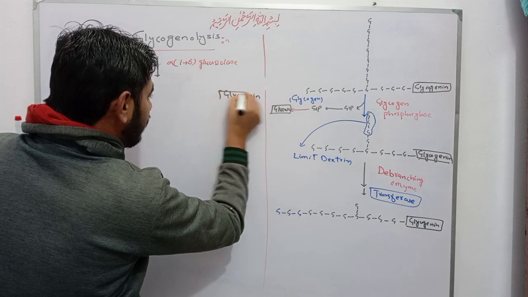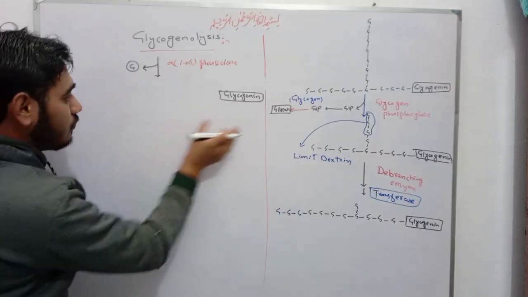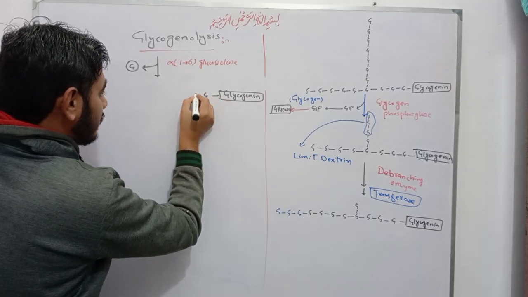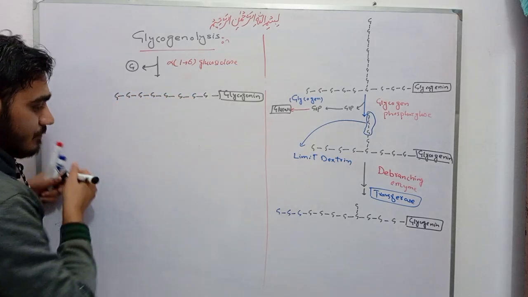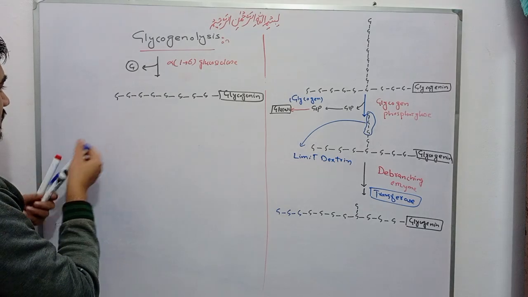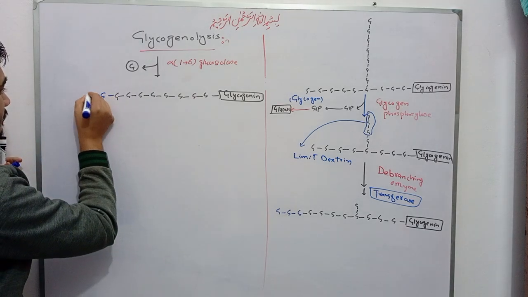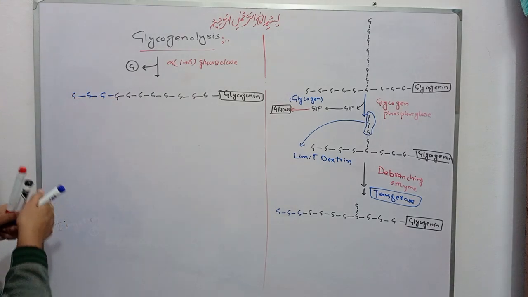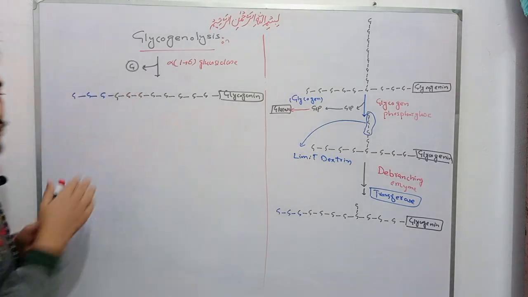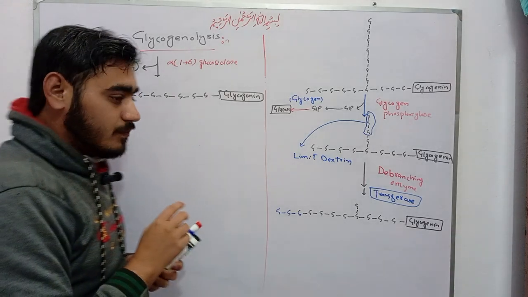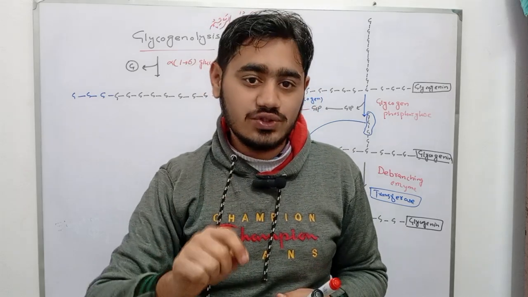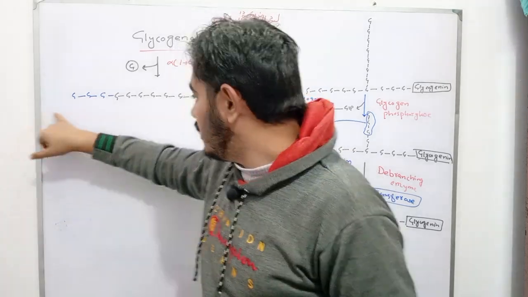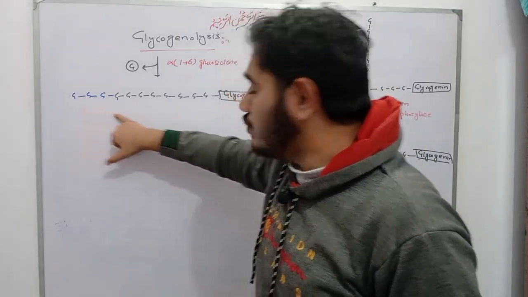Now there is a formation of a linear chain of glucose. This is the linear chain of glucose molecules. Now here there is a function of the glycogen phosphorylase enzyme again onto the linear chain of glucose molecules.